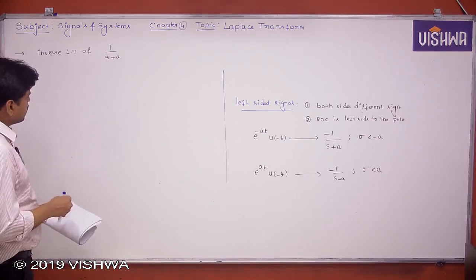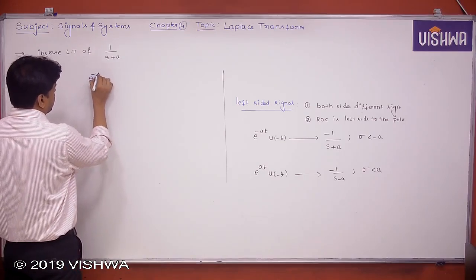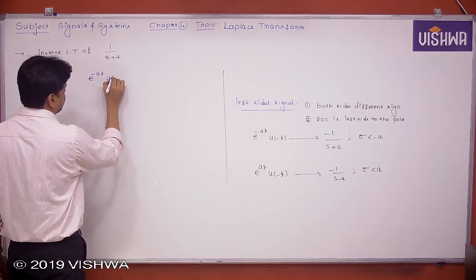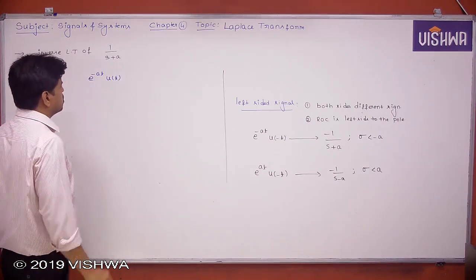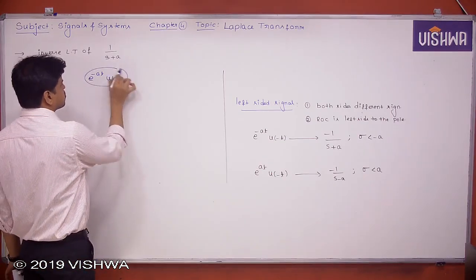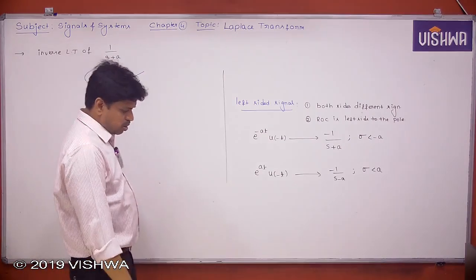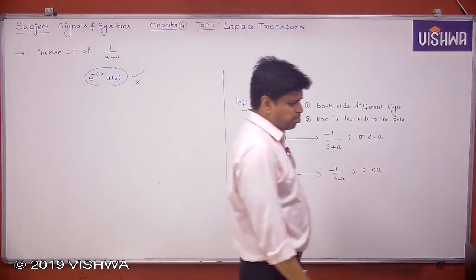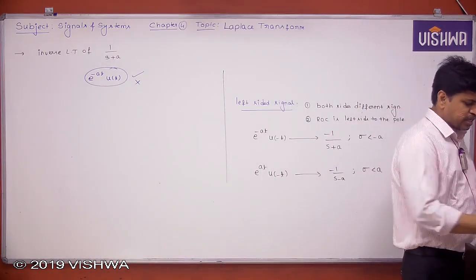Many people will directly say e power minus at u of t. But is it a correct answer or wrong answer? How can we say? It may be, or it may not be. We cannot say it is the correct answer.